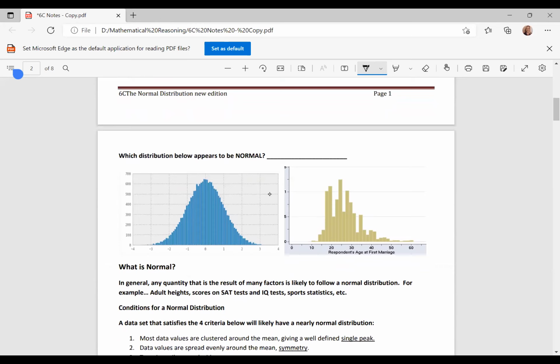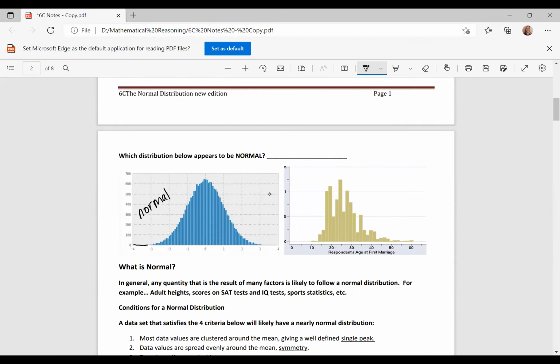So it says, which of these distributions appears to be normal? So I would definitely say, if I had to choose between the left and the right, that this one would be my normal distribution. This one appears to be more normal.